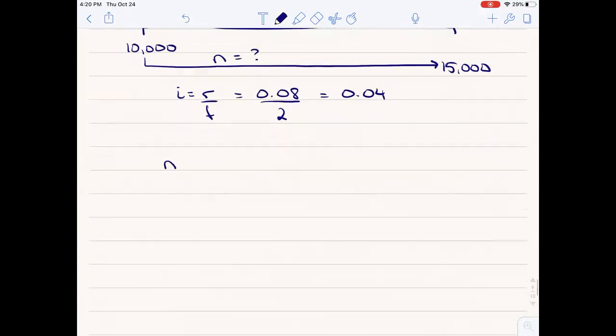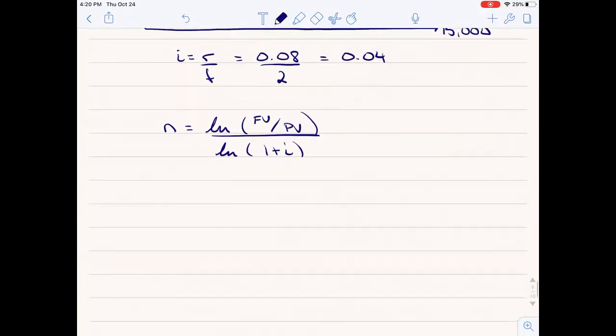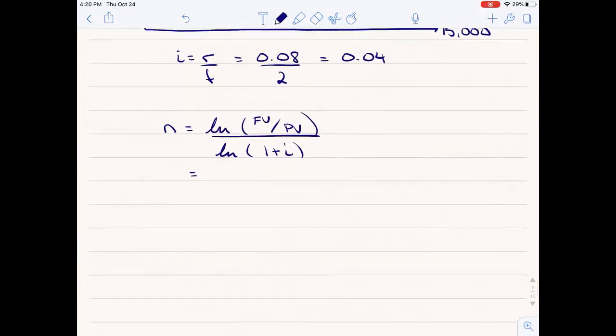So we know the formula from the formula sheet is n is the log of the future value divided by the present value over the log of 1 plus i. So we've got the log of 15,000 divided by 10,000 over the log of 1 plus 0.04.